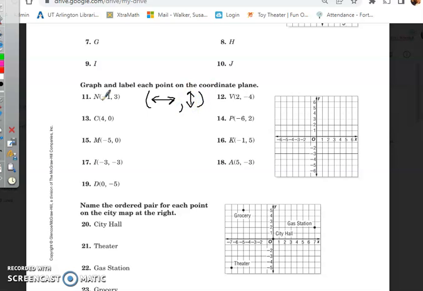So notice the first one is a negative. So that means I'm moving left. I only have to move left once. Left once. And then I go up. 1, 2, 3. How do I know that? I know that because I have a 3 here that's positive. I don't see a sign, so that would be up.